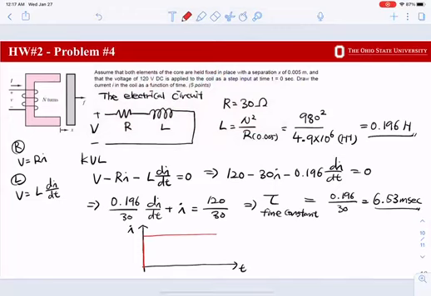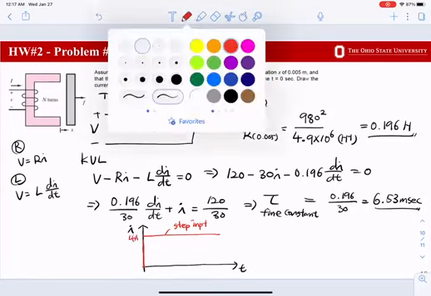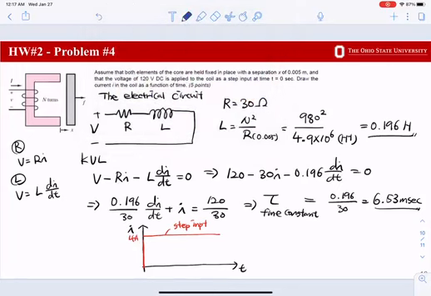The step input final value is 4 ampere, and our system response looks like that because this is a first order ordinary differential equation.